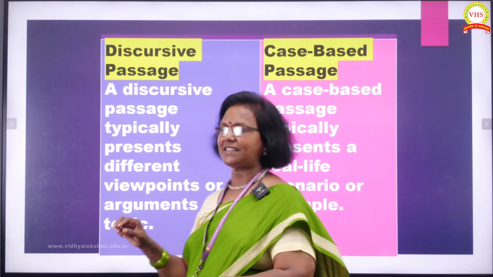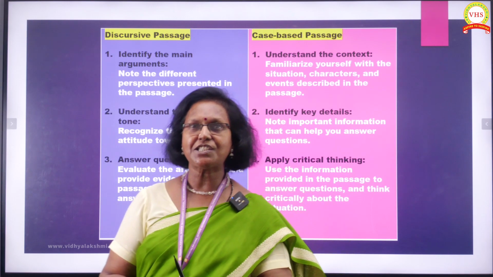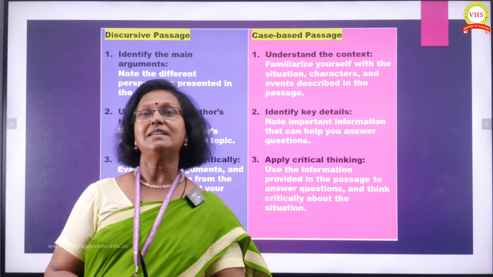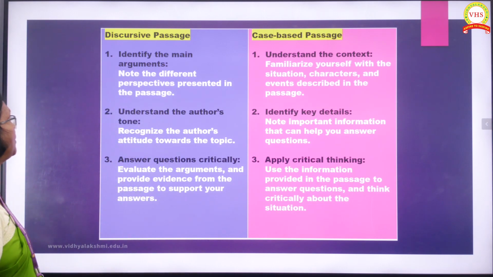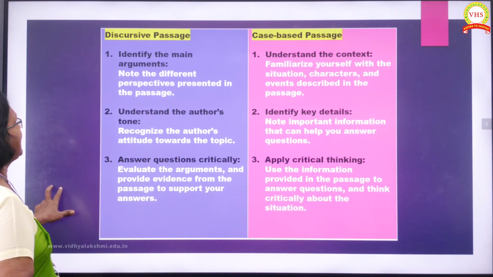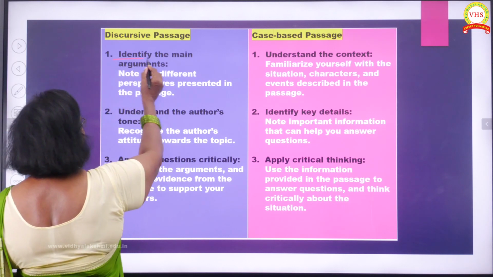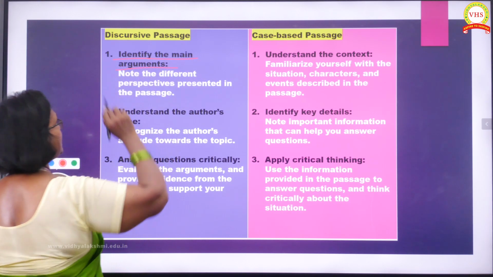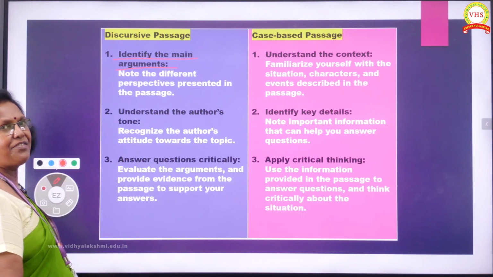So what's next? The things that we have in the discursive passage as well as the case-based passage. What's the first thing that you need to do? See, you need to identify the main argument. Whichever is the main argument which is given, argument or arguments, you should identify it.